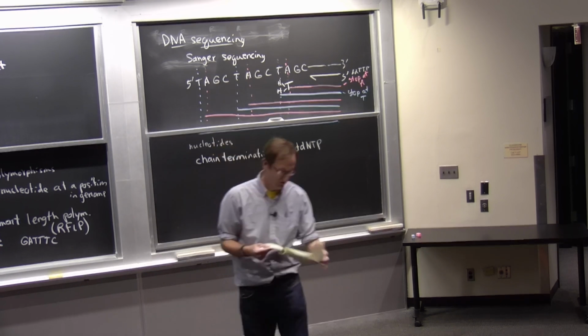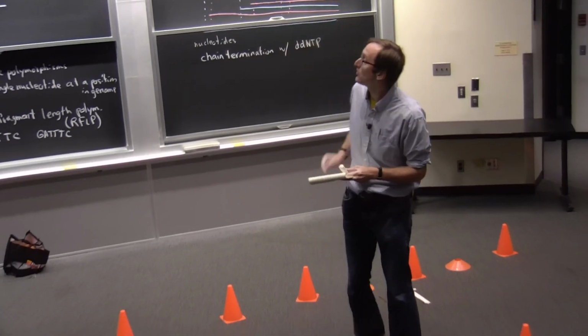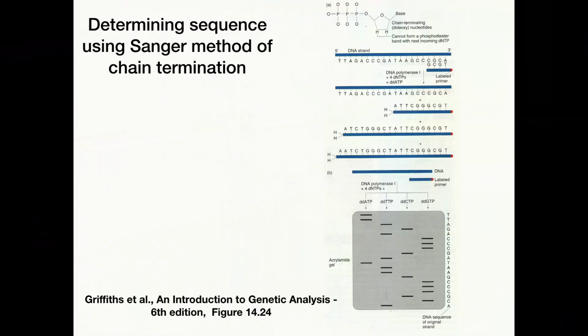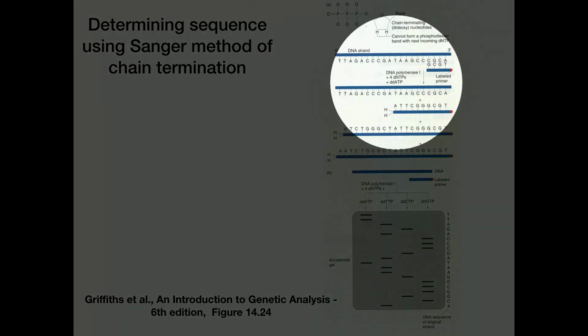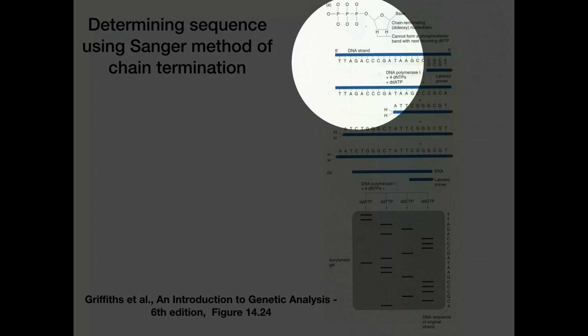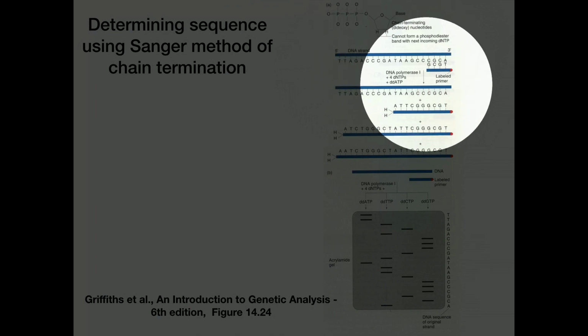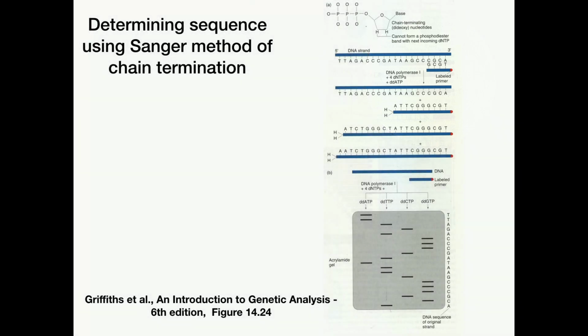So let me take you through an example here. All right, so here's an example that you have a slide of. There again, there's a template strand, which is the top strand. And this method requires that you have a primer. What's often done is you label the primer.